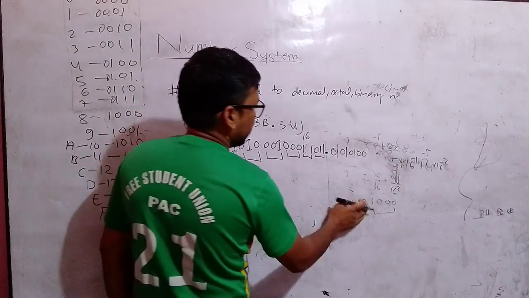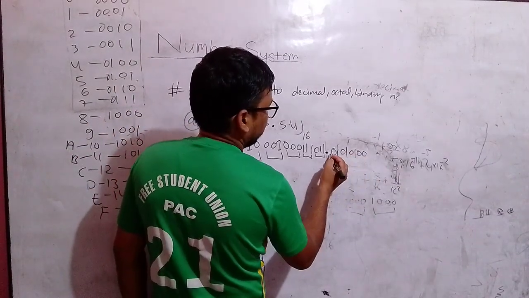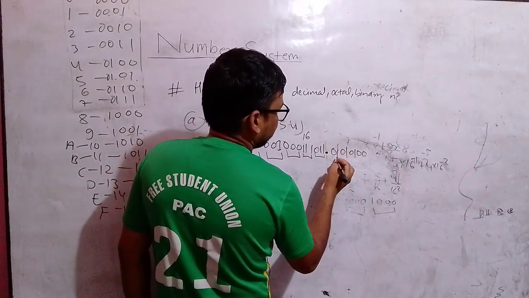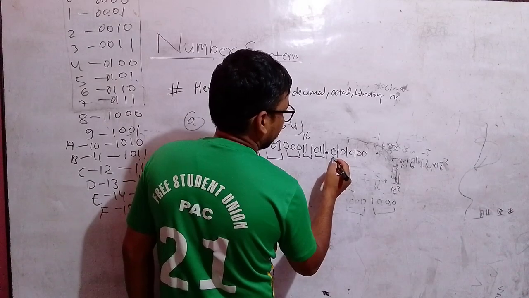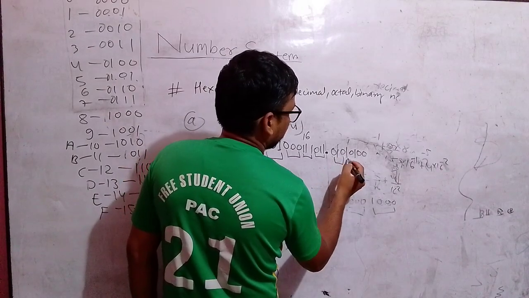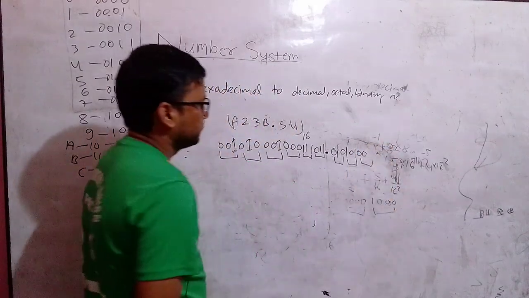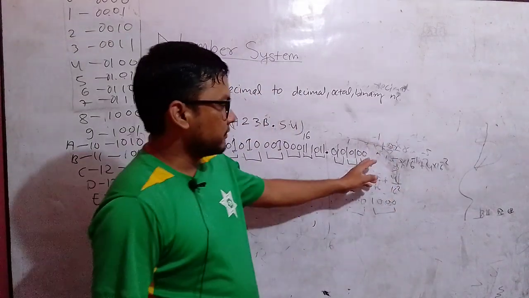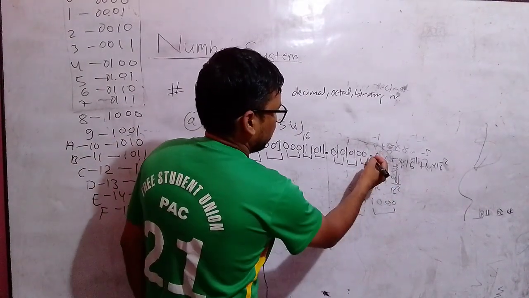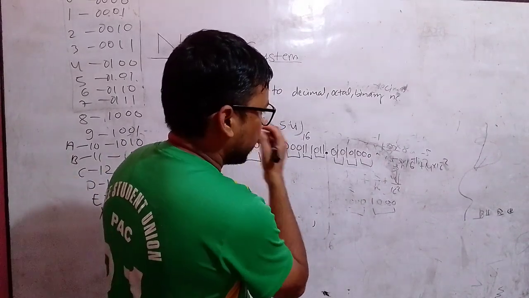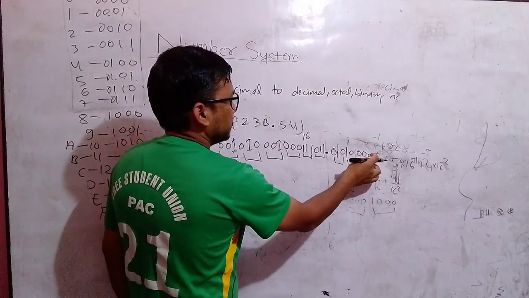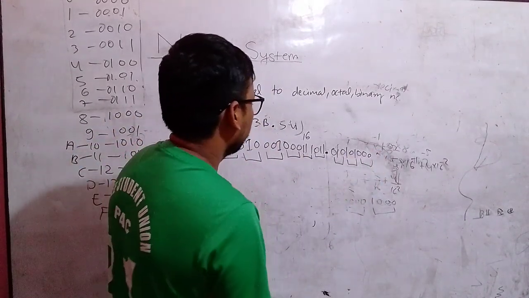Similarly we perform this for the right hand side. Now we start to form groups of 3 digits from here. 1 2 3, 1 2 3, 1 2 3. The extra 0s do not matter. Let's complete the group of 3 by appending 0s.